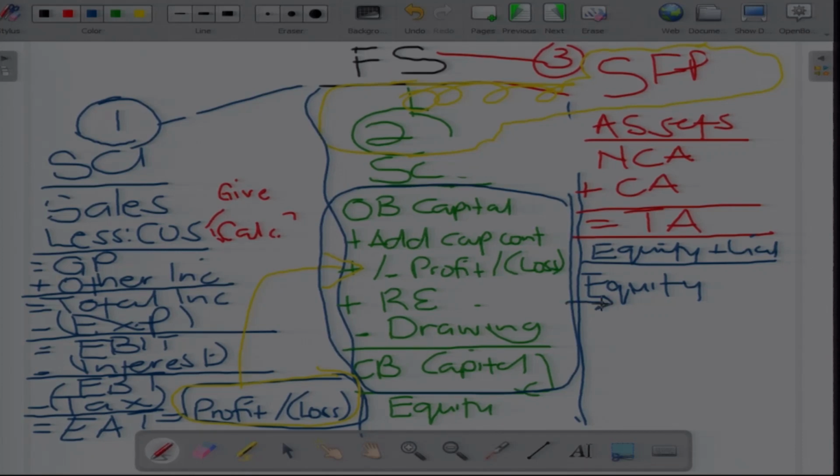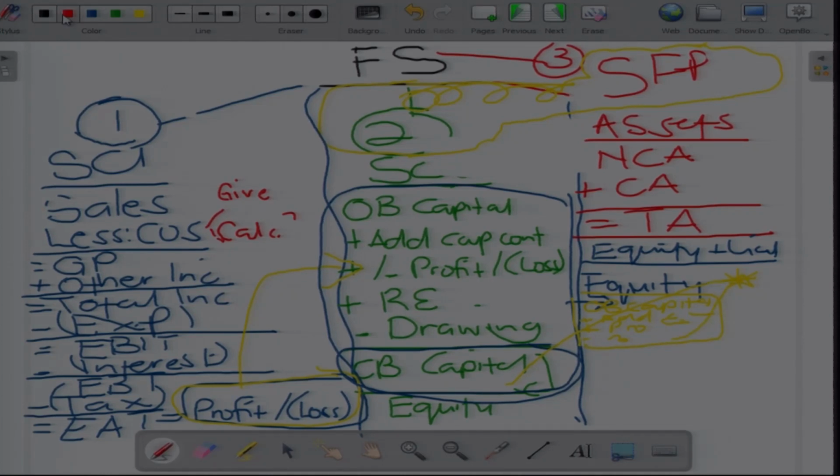And then this closing balance amount will then be your equity amount. So here you will write opening balance capital plus additional capital contributions plus profit minus drawings, and the answer you get here will then be this answer.